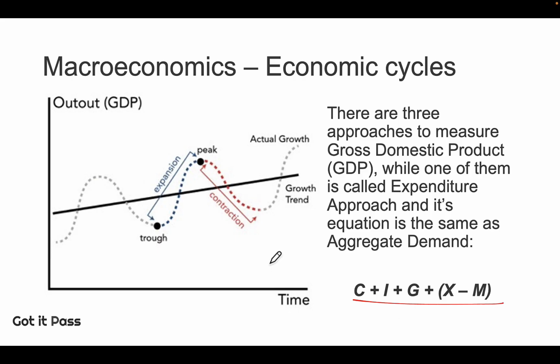When there is an economic cycle, let's explain how it works. We talk about the contraction or recession first. When the economy is at their peak, then the recession starts.